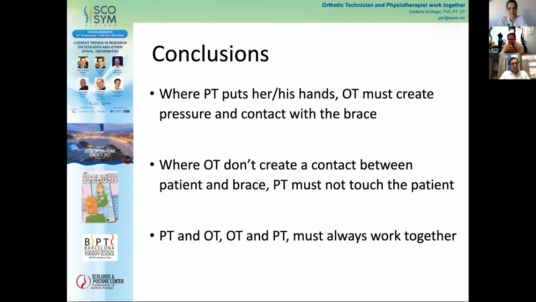In my opinion, where physiotherapists put their hands, orthotists must create pressure and contact with the brace. Where orthotists don't create a contact between patient and brace, physiotherapists must not touch the patient. Physiotherapists and orthotists must always work together.